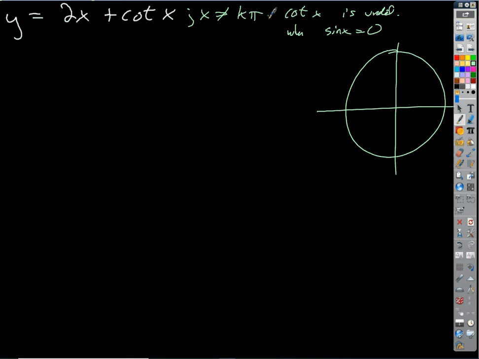Okay, so what do we do? Take the derivative. So we get y prime equals what? 2 minus... what's the derivative of cotangent x? Negative cosecant squared. All you have to do is remember that the derivative of tangent is secant squared, so cotangent would be negative cosecant squared.